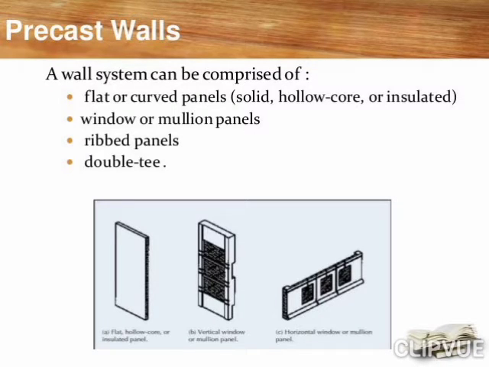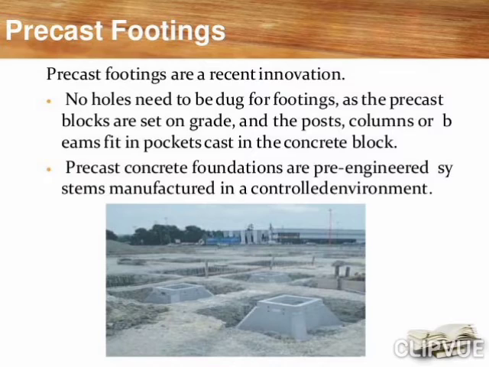Precast walls. A precast wall system can be comprised of flat or curved panels, window or mullion panels, ribbed panels, and double T. Precast footings. Precast footings are a recent innovation.